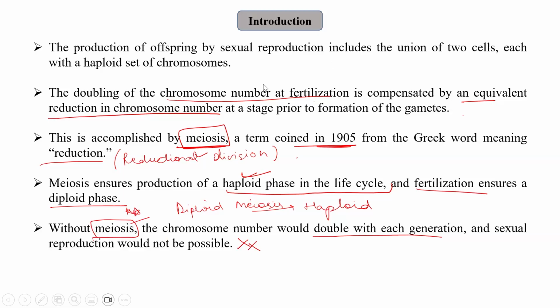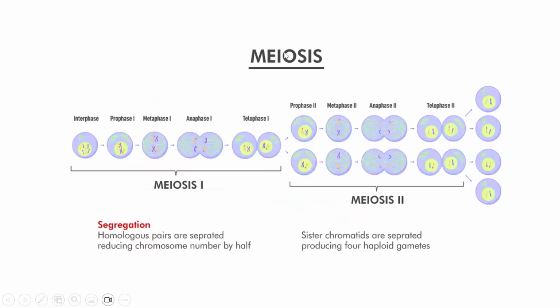This is the importance of meiosis, why we need to reduce the number of chromosomes. Unlike mitosis, where we do not have mitosis 1 or mitosis 2, in meiosis we have meiosis 1, which is followed by meiosis 2. In meiosis 1, the homologous pairs are separated, reducing the chromosome number by half.